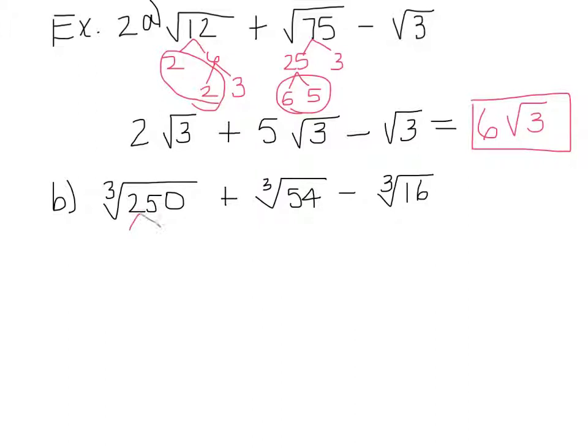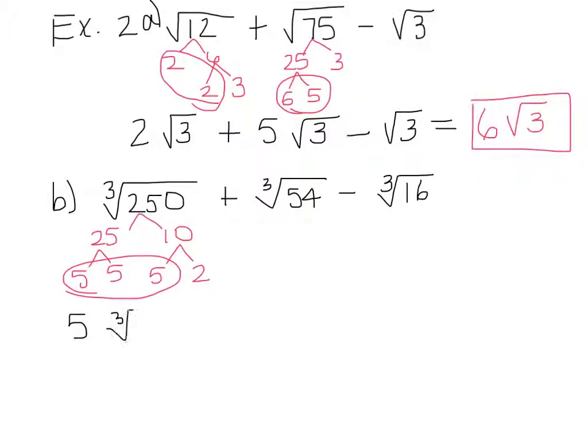So 250, it doesn't matter how you break it down. 25 and 10, 5 and 5, 5 and 2. So there's my group of 3. So the 5 comes out, but the 2 stays under.